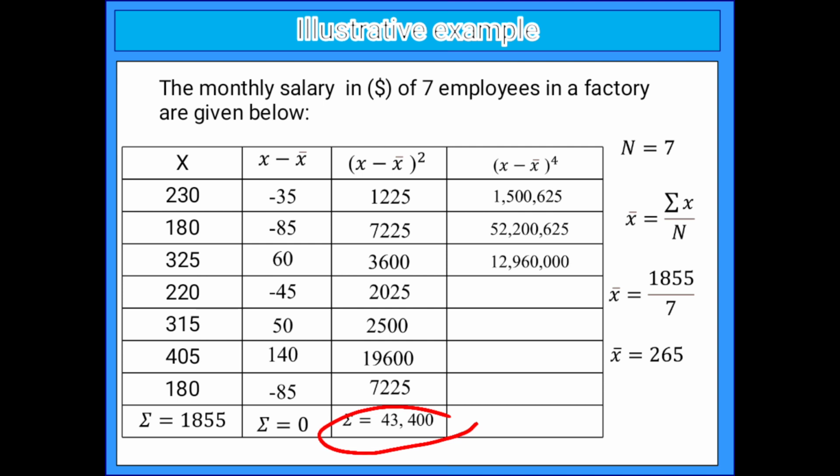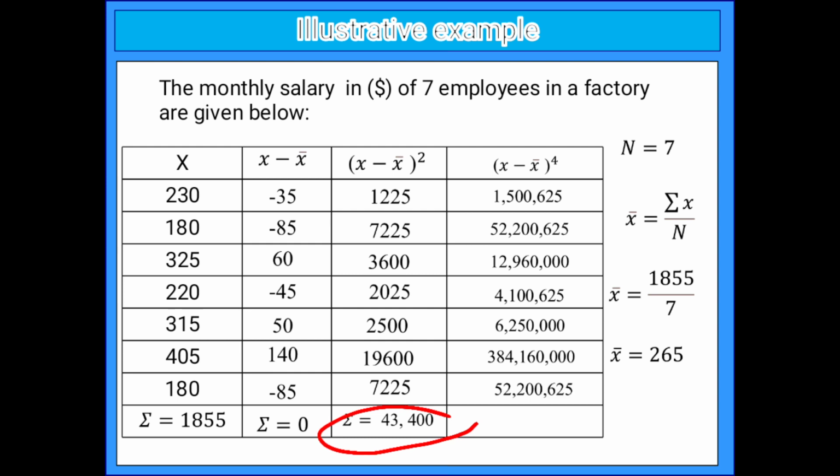52,200,625. 60 raised to the fourth power is 12,960,000. 45 raised to the fourth power is 4,100,625. 50 raised to the fourth power is 6,250,000. 140 raised to the fourth power is 384,160,000.